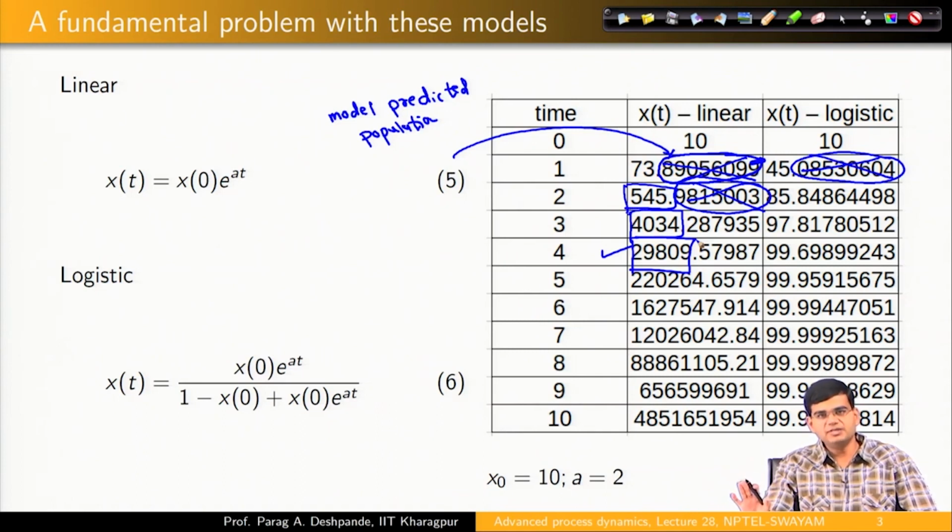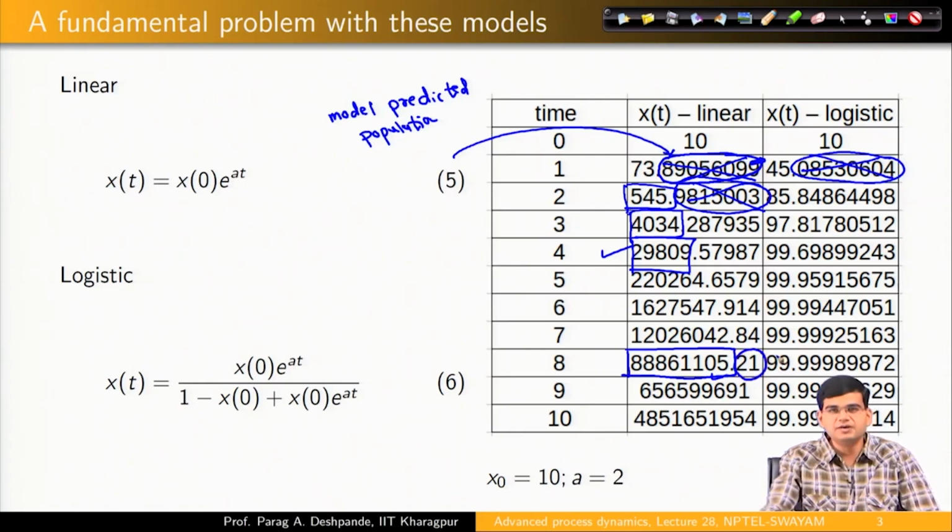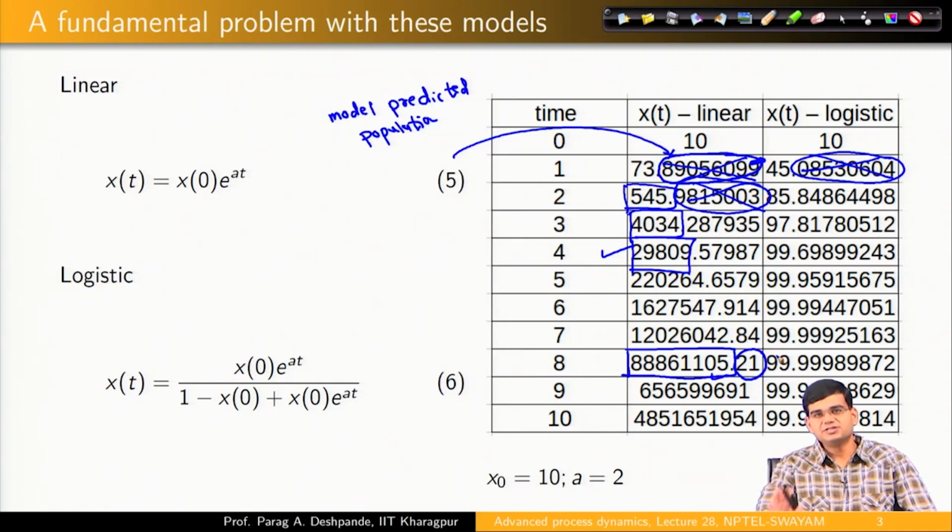So, this particular problem is not a really great problem of continuous domain model as it is thought, and especially when the population x of t is a large number, then compared to, in this case for example, 8, 8, 8, 6, 1, 2, 1, 1, 0, 5, compared to this is going to be a very small number, and for all practical purposes you can consider that only the natural number closest to it is the population, you do not consider the decimal part. So, although this is a problem, this is not such a great problem.